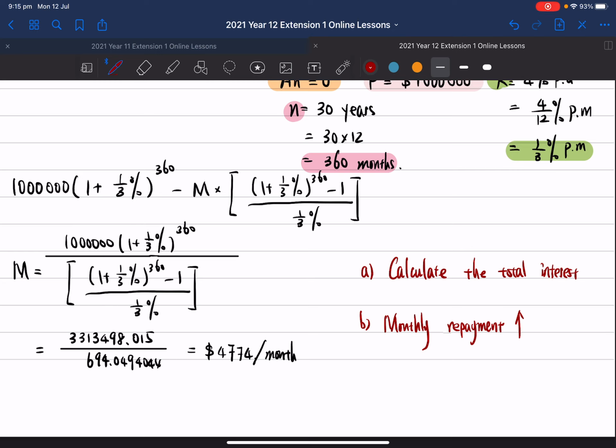If you pay the current amount, it takes you 30 years to repay the entire amount. But if you increase the monthly repayment, obviously the number of periods reduces as well. So they ask you how much interest you saved.